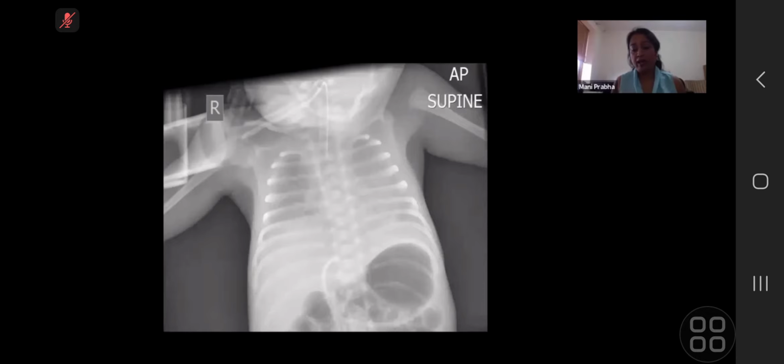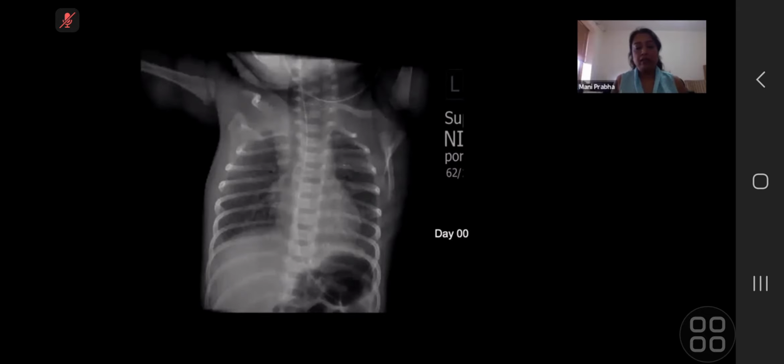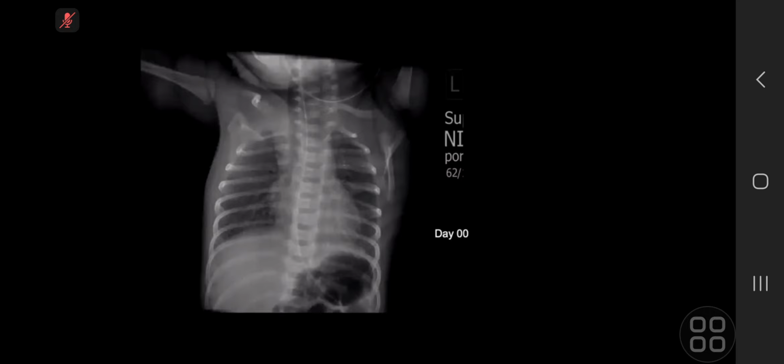Yeah, very good. Very nice description. And this, would you like to go on to the other one also? What's the pattern of the findings in this one? Okay, yep. So frontal radiograph of a neonate. The NG tube appears to be in satisfactory position, and the lungs bilaterally appear to have a coarse reticular pattern.